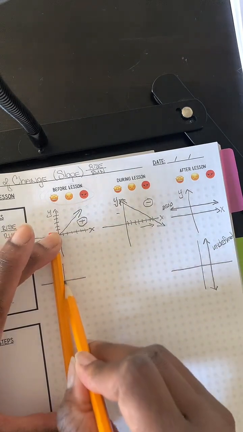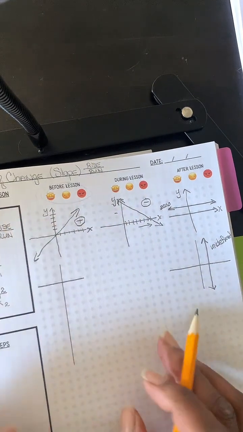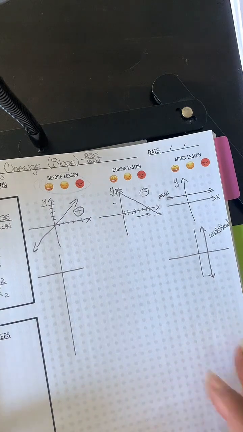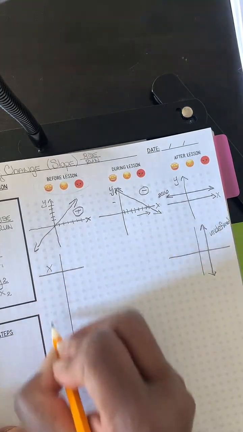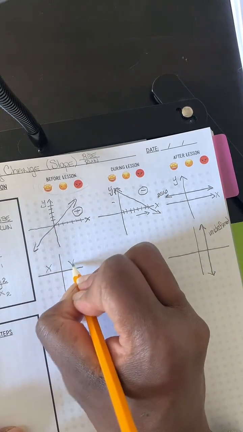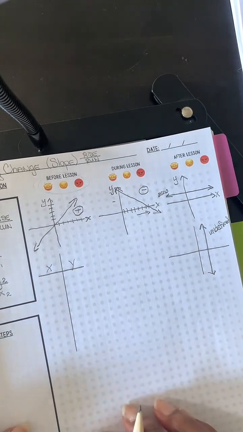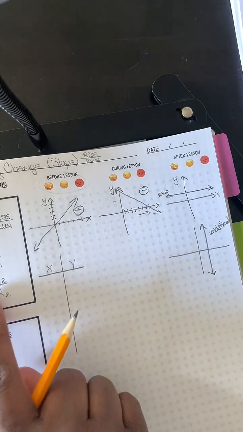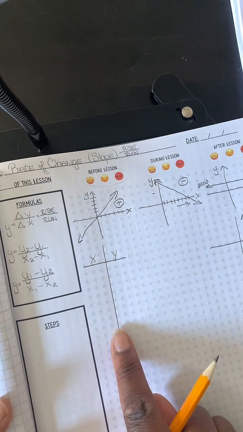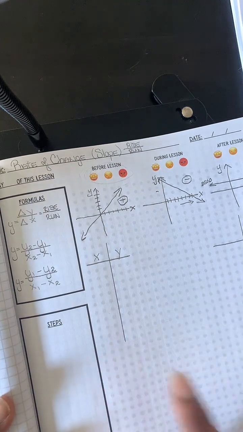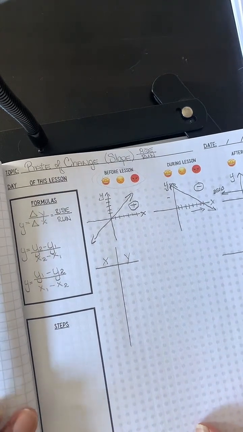I'm going to use my pencil. This is how we used to do it back in the day. My x values are always going to be on the left. My y values will be on the right. Right now, we're not really using my formulas because we're looking at it as a table, and I'm going to show you how to do that rather quickly.